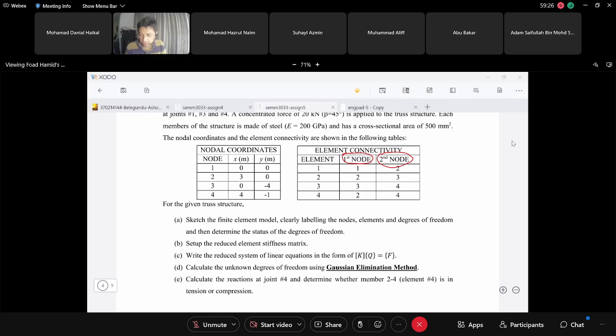Okay, where is my file manager, file explorer? Okay, so assignment 5, question number 2.